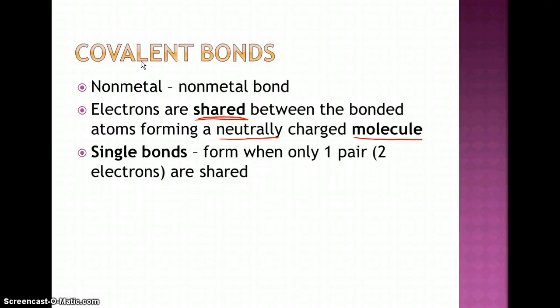If we have a single bond, that's going to form when one pair, or two electrons, are shared. So for example, water, H2O. So there is one O and two H's. In this case, we draw our 6 around our oxygen.